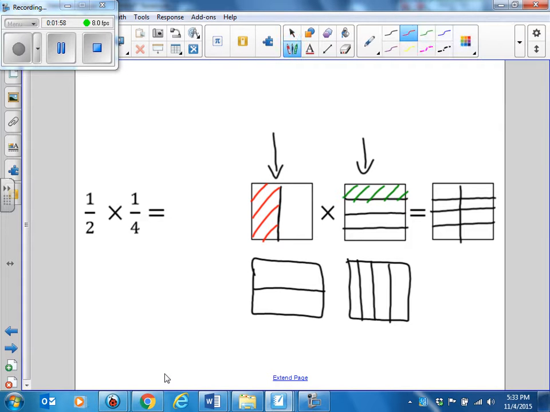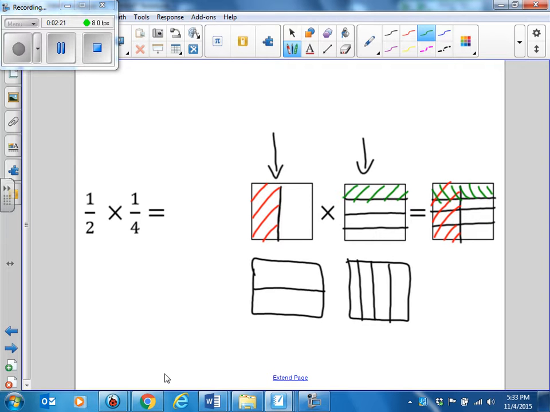So I'm going to shade half just like it was shaded in the first one. It's just now I got some extra lines. Now I'm going to shade this one just like I did in the other one. Okay? So now I've shaded a half, I've shaded a fourth, and now I need to get my answer.